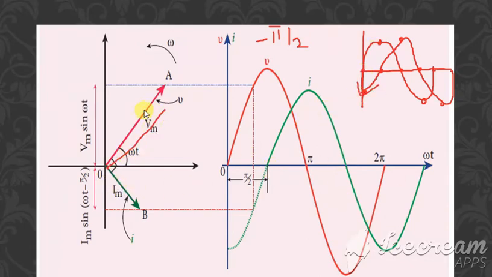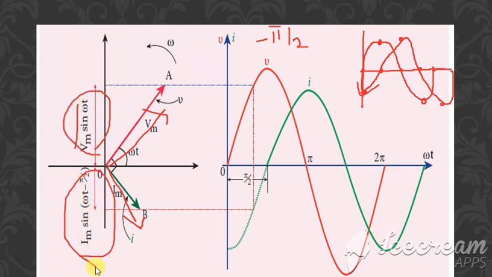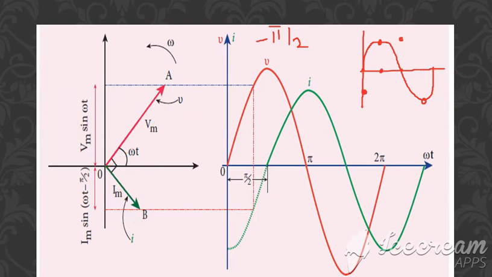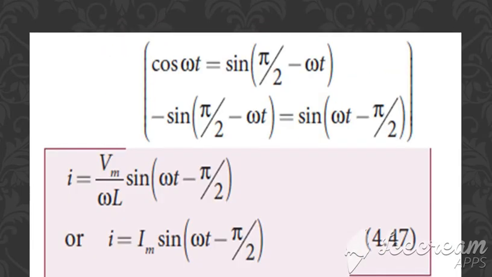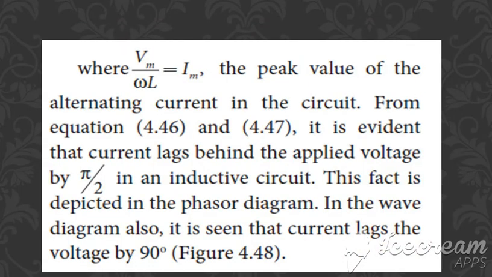Look here, above is Vm and downward will be Im. Above we have Vm sin omega t, and the term below is Im sin omega t minus pi by 2. Clear? So this represents the graph for the inductor. In the last equation, I is equal to Im sin omega t minus pi by 2, since we are writing Vm by omega L as Im, that represents the peak value.